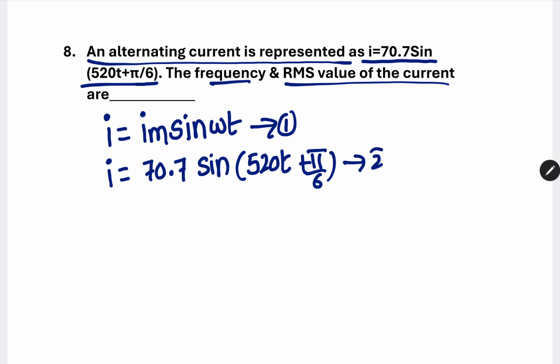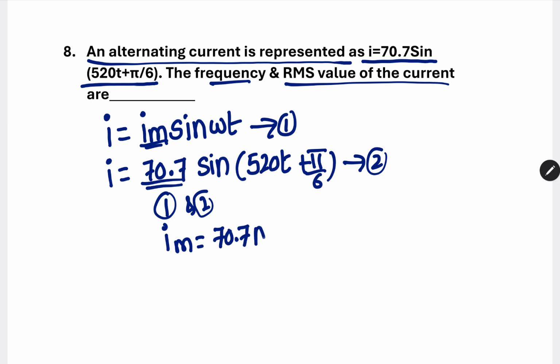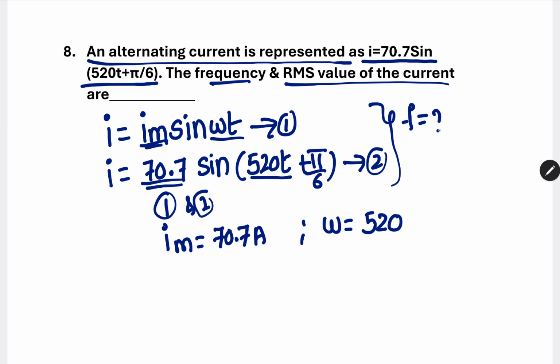Let us say this is equation 2. By comparing equation 1 and 2, you will come to know Im is 70.7, the peak value of the current is 70.7 amps. And if you compare 520t and omega t, then omega is equal to 520. We need to find the frequency and the RMS value of the current. From this value we know omega is equal to 2 pi f.